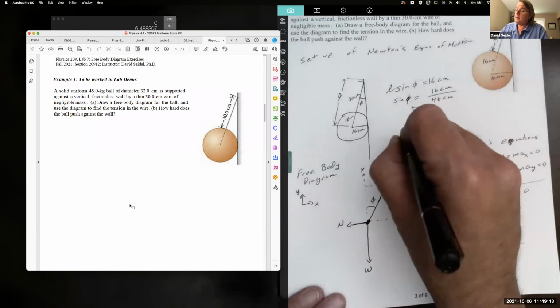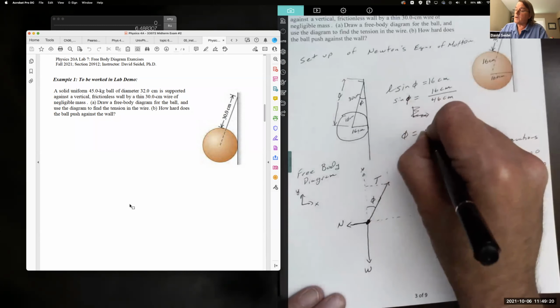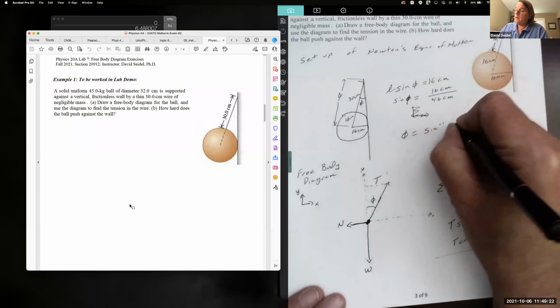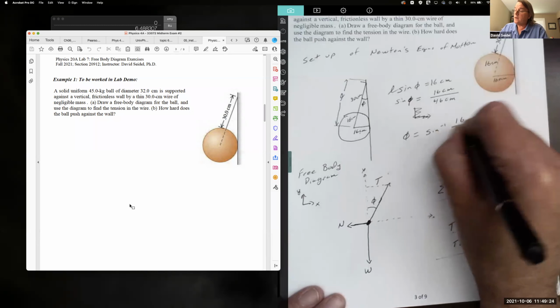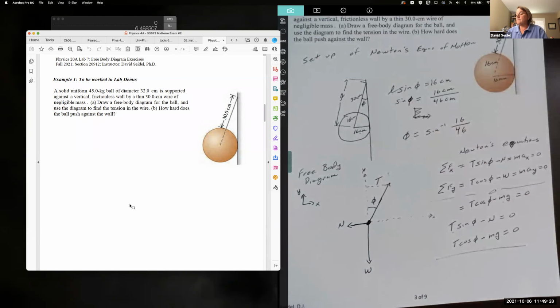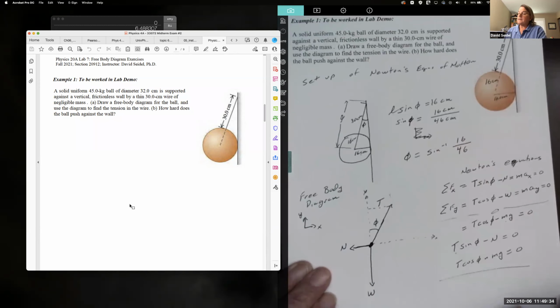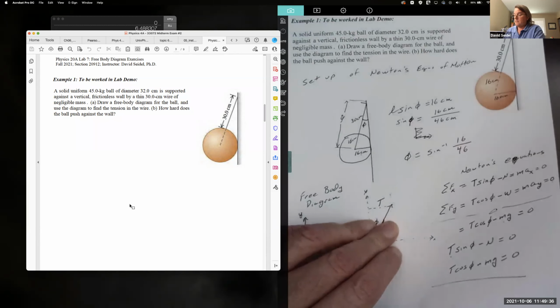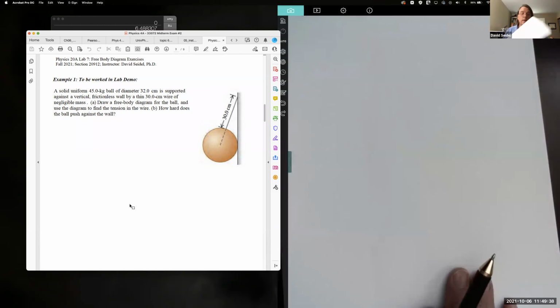Phi is equal to the arc sine of 16 over 46. Okay, so you've got everything you needed. That's the easy one. Now, let's take a look at the second example. This example is a lot trickier.